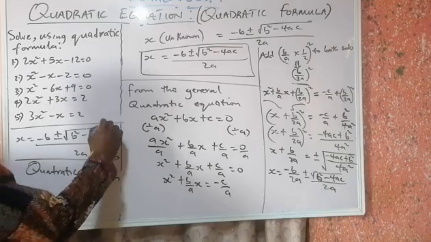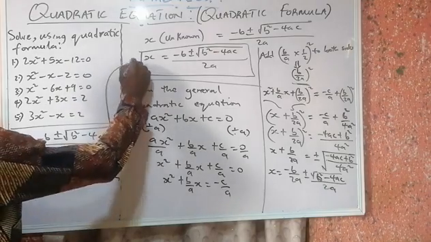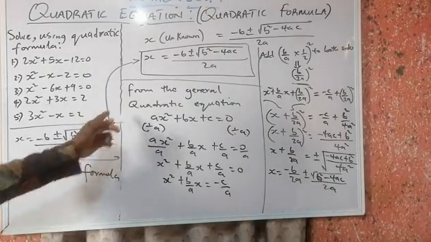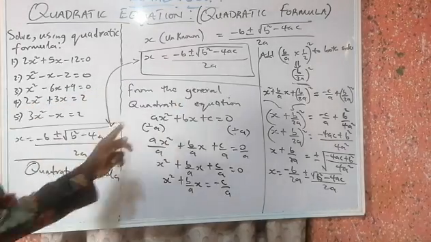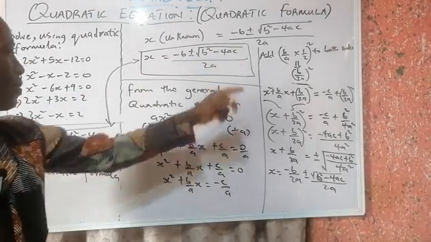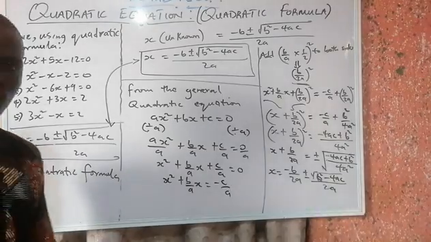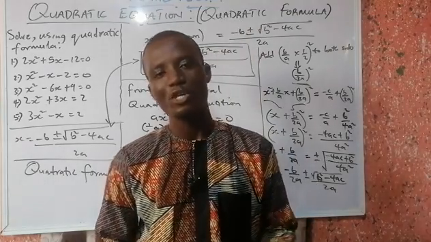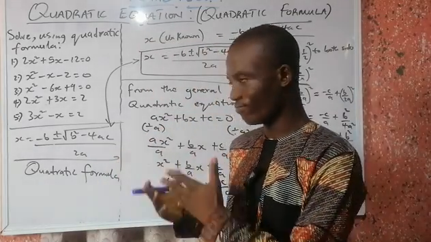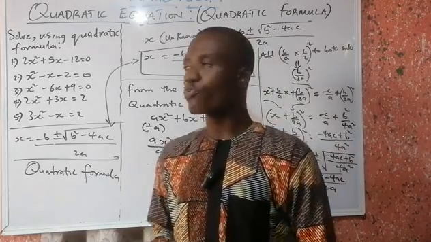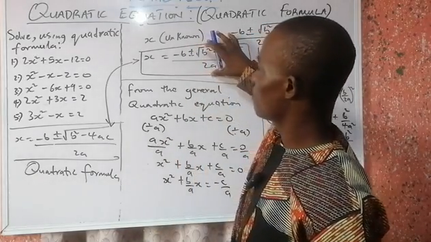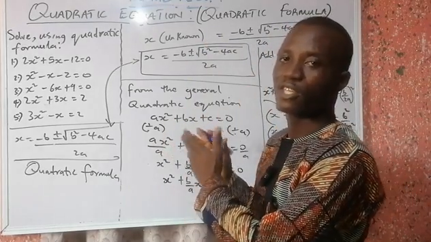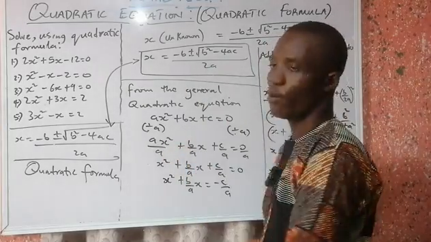So you can check this out against what we stated here. You can see that what we have generated is x equals minus b plus or minus root of b squared minus 4ac, over 2a. This is how the quadratic formula is generated. There are some questions that may require you to prove this formula.